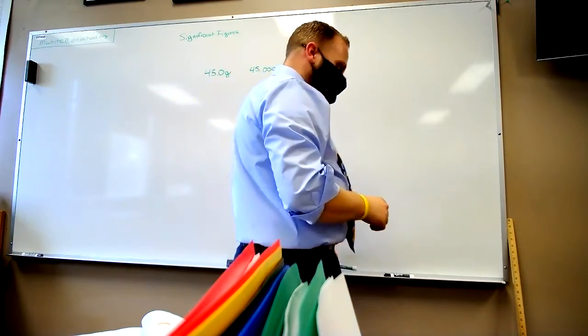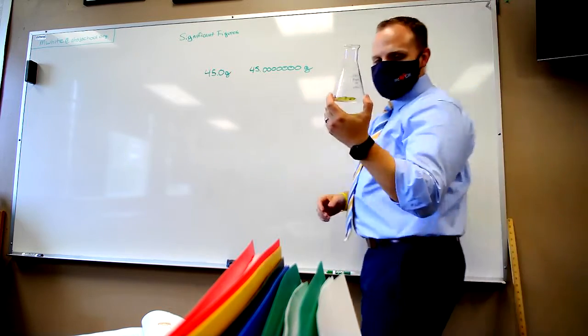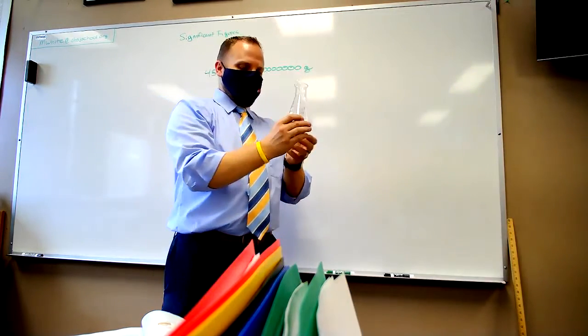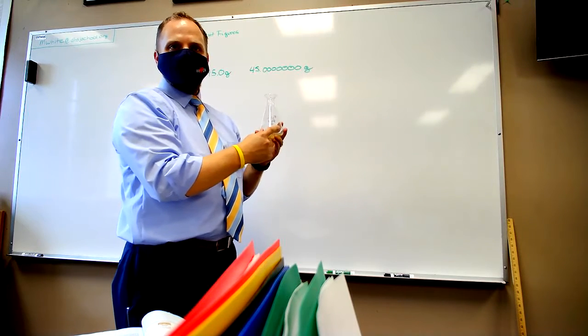When you don't have an electronic device, let's say a graduated cylinder, here we have a line for 100 milliliters.